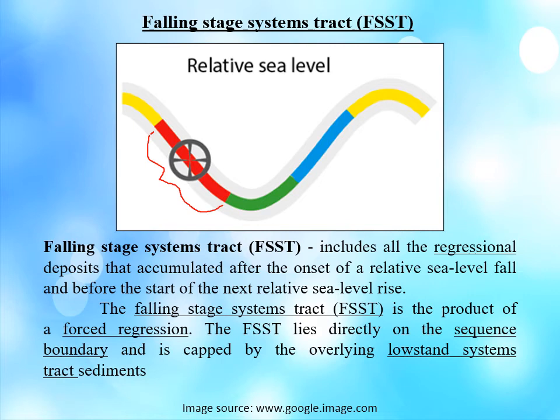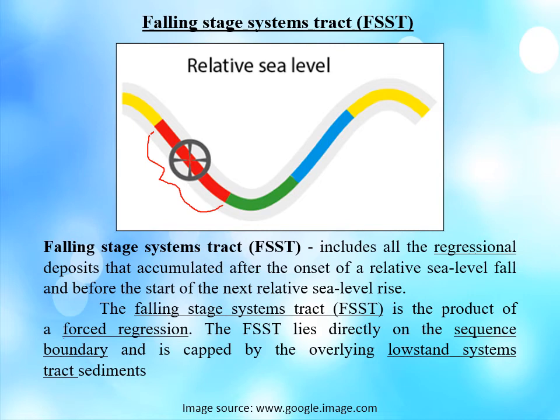So whatever the sedimentation amount or sedimentation rate, due to the falling condition of relative sea level, regression occurs in this portion, and this system tract is known as the falling stage system tract, which is formed due to forced regression.